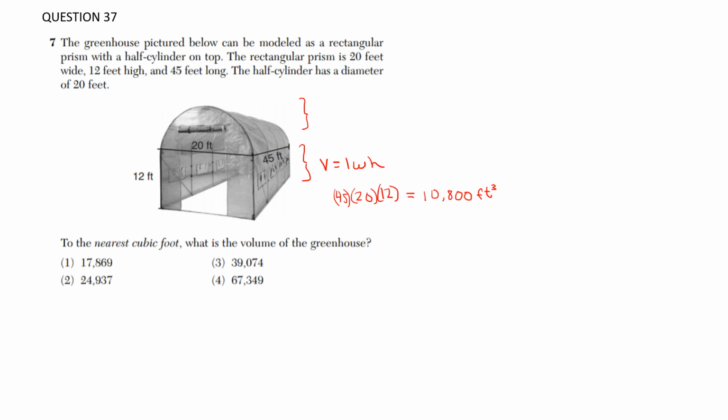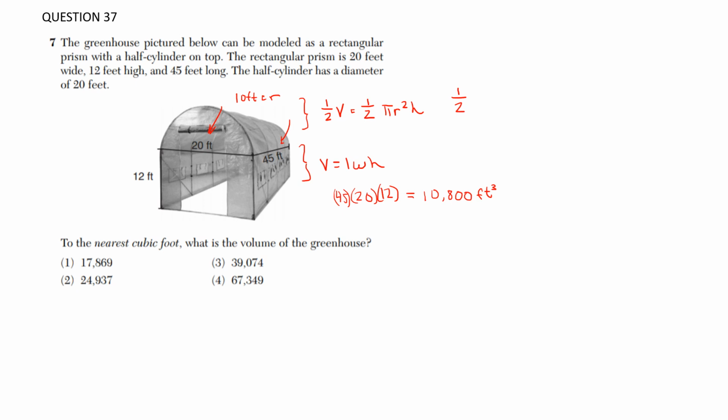For the top, we just have to make sure that we're taking half the volume of a right cylinder. So we have 1/2 the volume equals 1/2 pi r squared h. In this case, r is half of 20 feet, which is 10 feet, is our radius. And our height would be this 45 feet value.